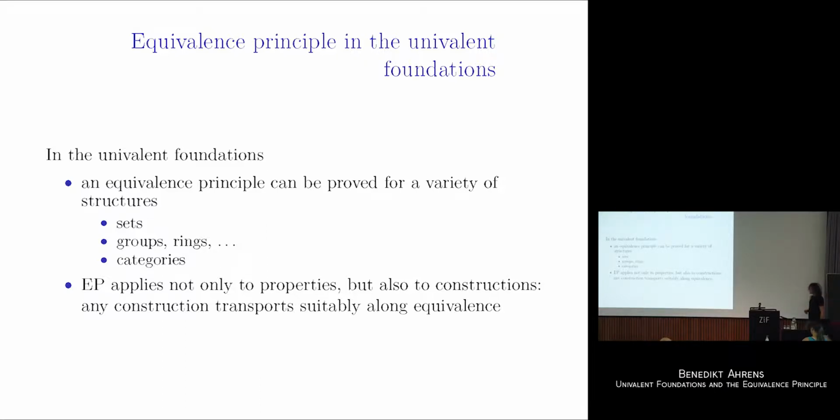In the univalent foundations, we can prove an equivalence principle analogous to the one that I've just shown you for categories, for a variety of structures, namely for sets, for groups and rings and categories. And this equivalence principle will not only apply to properties, but also to constructions, in the sense that any construction or any structure on an object will suitably transport along equivalence of objects.